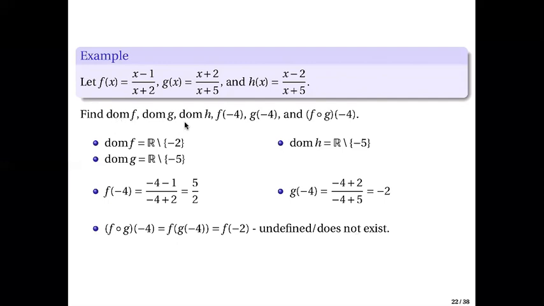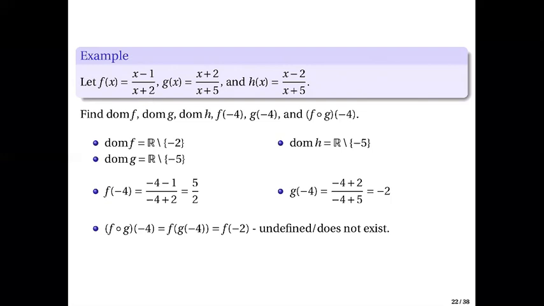So again, for the domain of f, domain of g, and domain of h, you just study the function itself. Here you have a rational expression for f, also for g and for h. You don't want the denominator to be 0. So you solve for those x's that will make the denominator 0, and then you remove them from the set of real numbers. For the function f, the denominator is x plus 2.